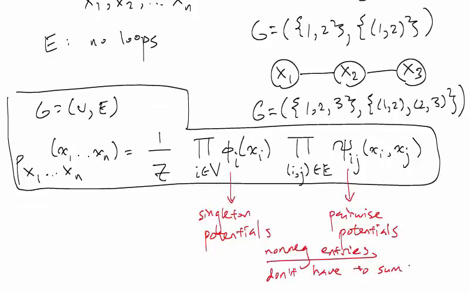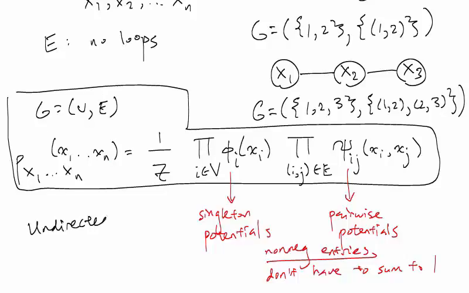We'll see a lot of examples where they don't sum to 1, and the reason why this whole thing is still a valid probability distribution is because of z. Just by specifying what the potential tables are, we don't have to specify what z is, because z is going to be the normalization constant that makes sure that this whole probability table sums to 1.